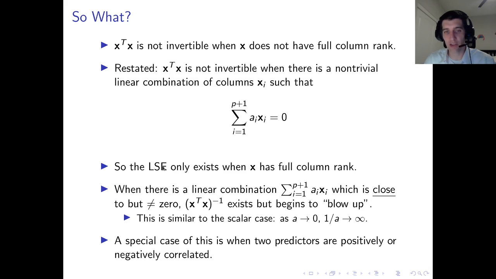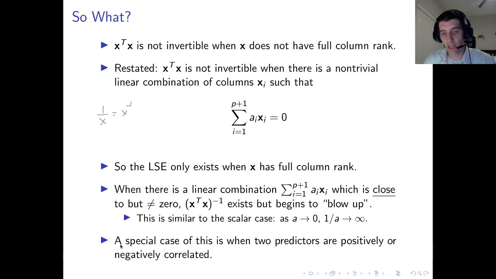Similar to the fact that if you have something like 1 over x for a scalar x, as you take x towards 0, x inverse, 1 over x, blows up and gets very large. Similarly, when you're trying to invert X transpose X, but there's a linear combination of columns which goes very close to 0, the inverse begins to blow up, okay? Its values get very large.